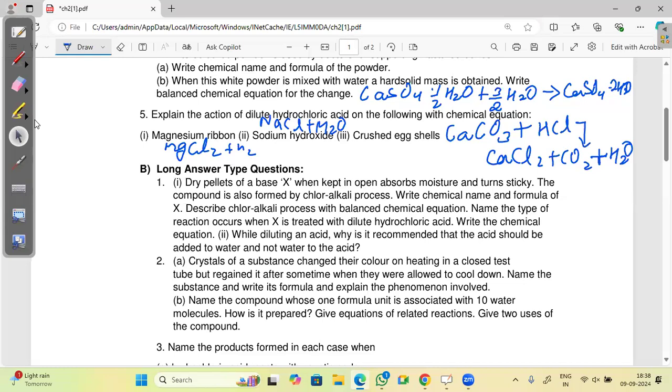Any guesses for the compound? Just recall the products obtained by the chloralkali process.